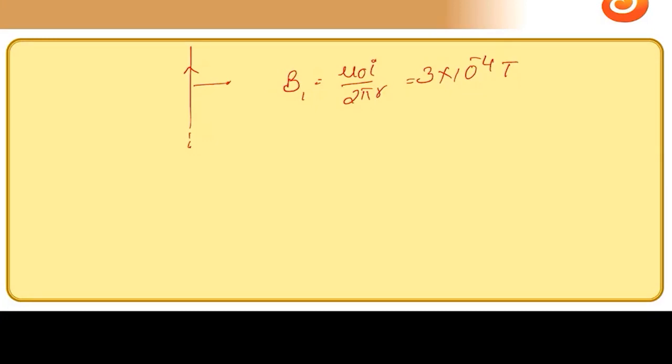Along with that, there exists an external magnetic field of 4 into 10 to the power of minus 4 Tesla also. So there are two magnetic fields which are perpendicular to each other. And therefore, what is the resultant field? This is square root of B1 square plus BH square.